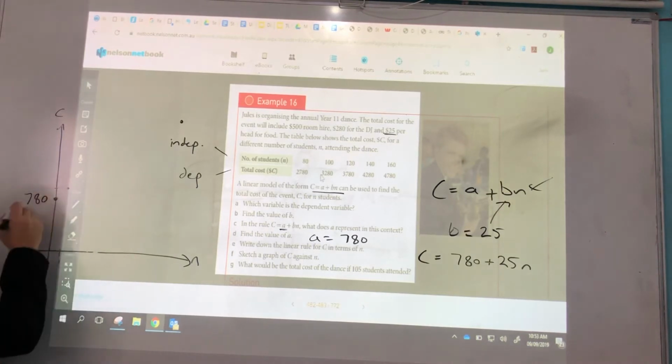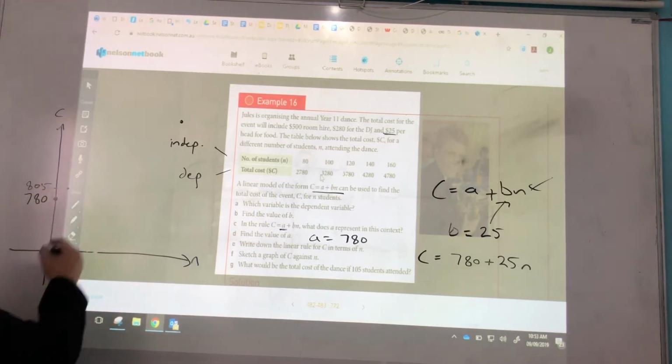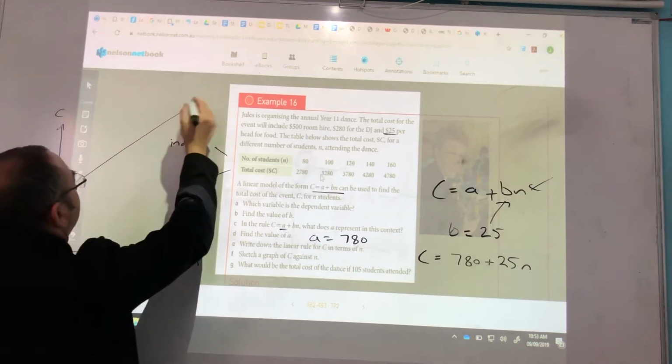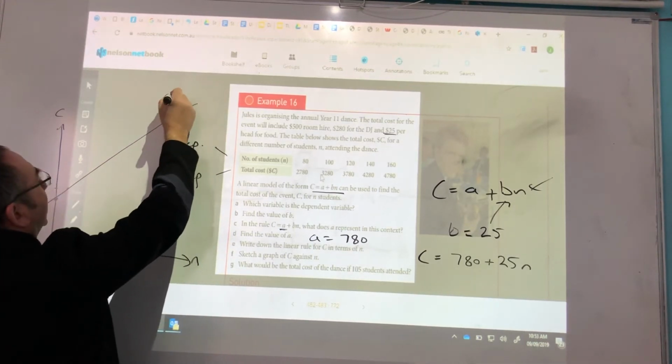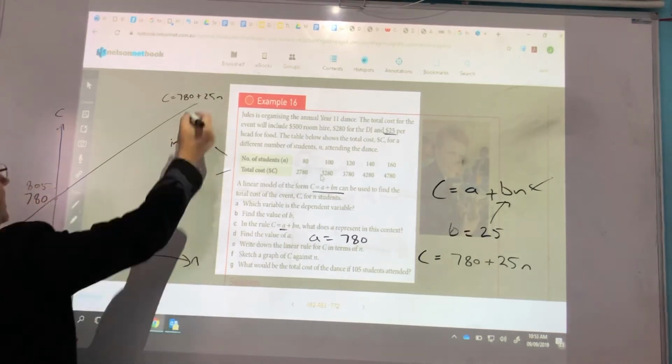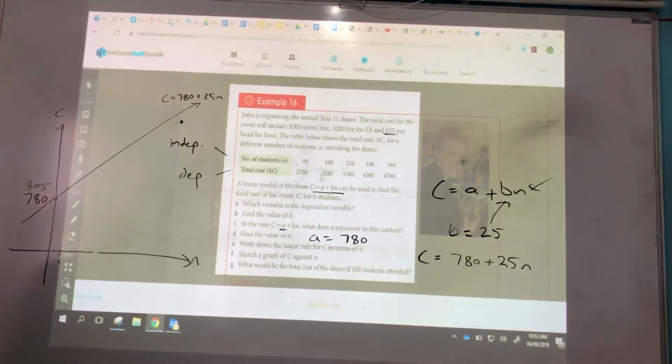Okay, and so the graph of the equation, C equals 780 plus 25n, is going to shoot up in that way.